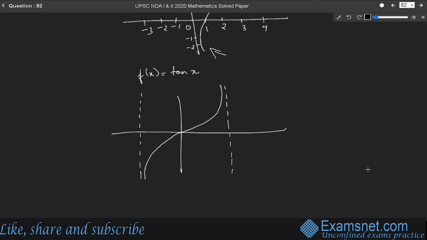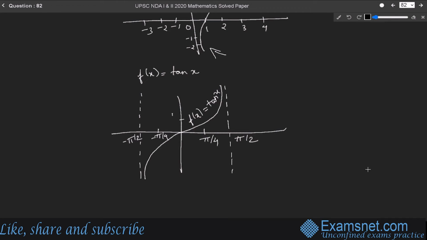We can say that this is a curve for f(x) = tan x. And since we are talking about tan x, then it will be pi/2. It will be -pi/2. Similarly, this will be pi/4 and -pi/4, and this will be +pi/4.